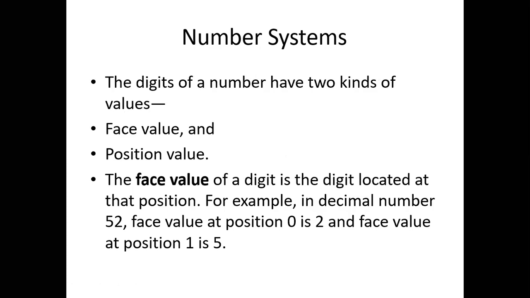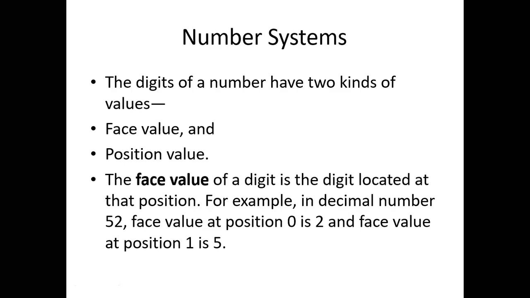Now, when we talk about number systems, the digits making up a number have two kinds of values: what is called the face value, and what is called the position value. When we talk about the face value of a digit, we are saying what digit can we see located in that particular position?